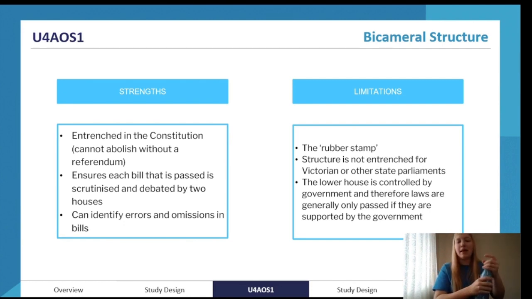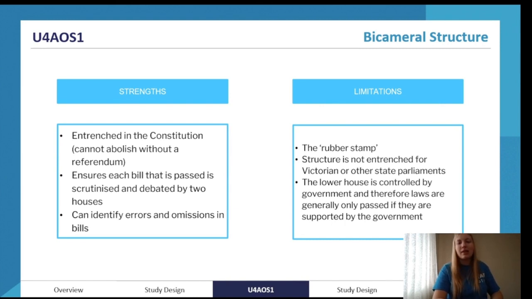So having a look at the bicameral structure, what are some strengths and some weaknesses? Of course, a strength is that it is entrenched in the Constitution. So this protection cannot be abolished or removed without a successful referendum.